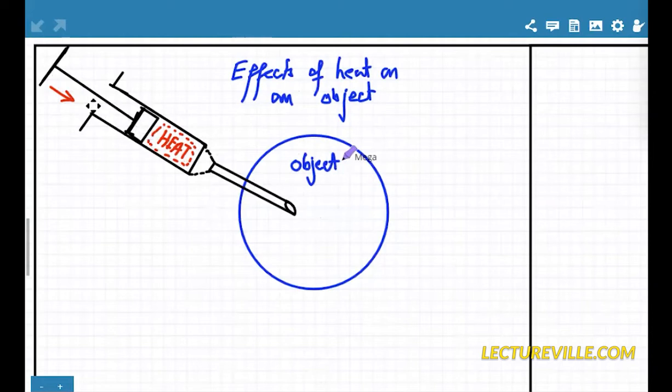If I pull the plunger out, heat energy will come out of the object. I hope you don't take it seriously. I mean, you should know heat is not provided with a syringe.